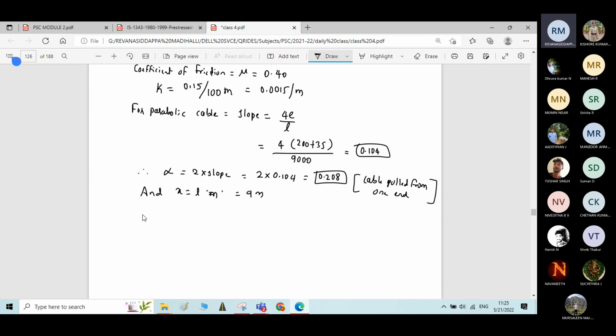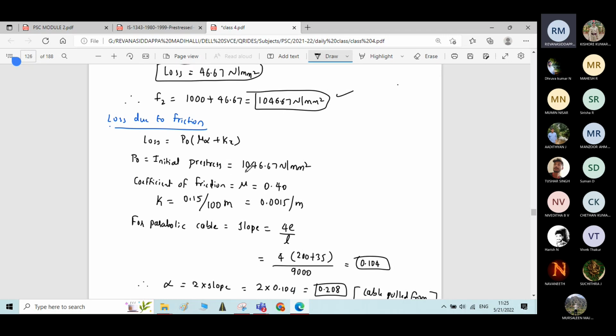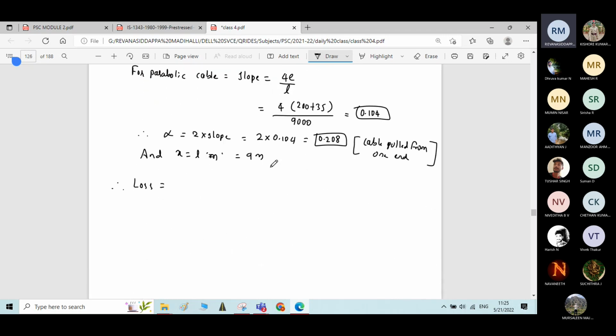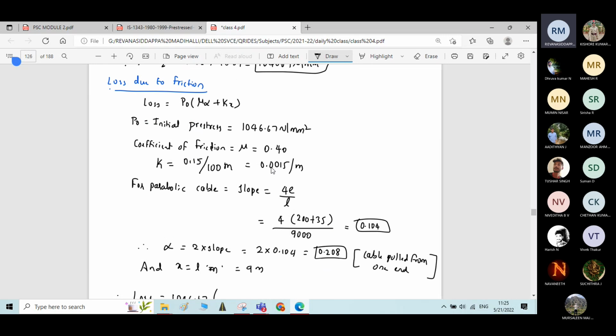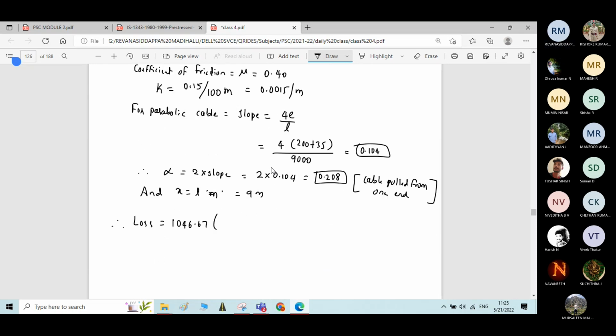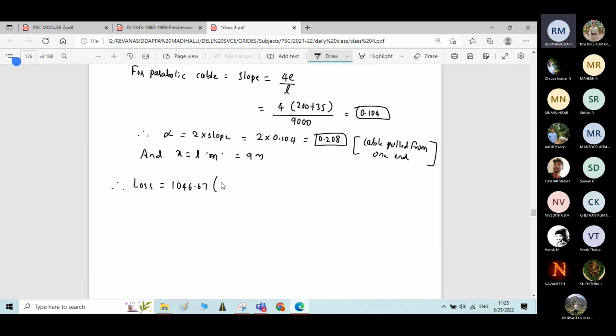Now you can calculate the loss due to friction. Therefore, loss is equal to P naught, which is 1046.67, into mu alpha plus kx. Mu is 0.4, alpha is 0.208, so 0.4 into 0.208 plus kx.